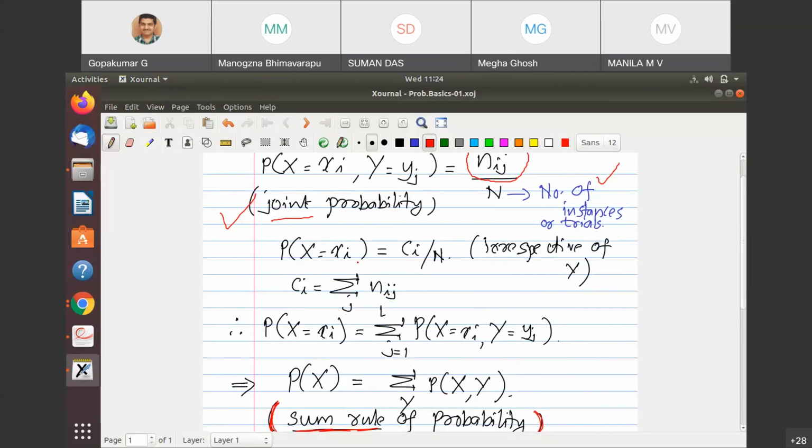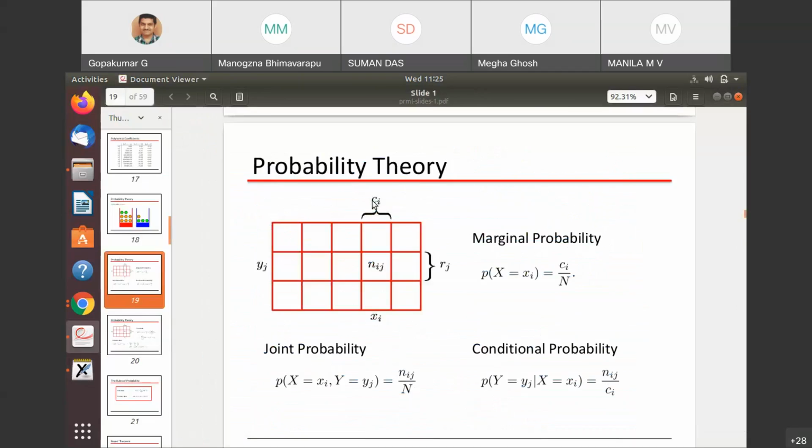And now suppose we are having the probability of X = x_i. That means, with respect to the previous diagram, this particular case, X takes the value of x_i.